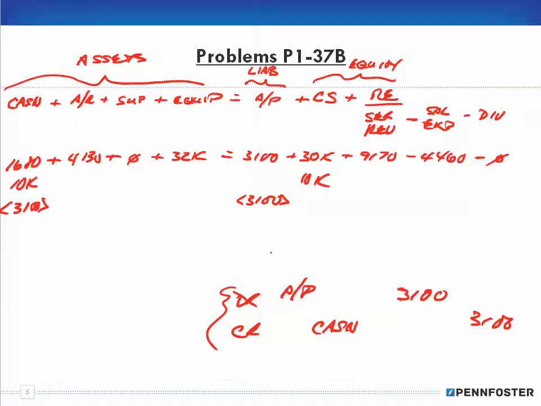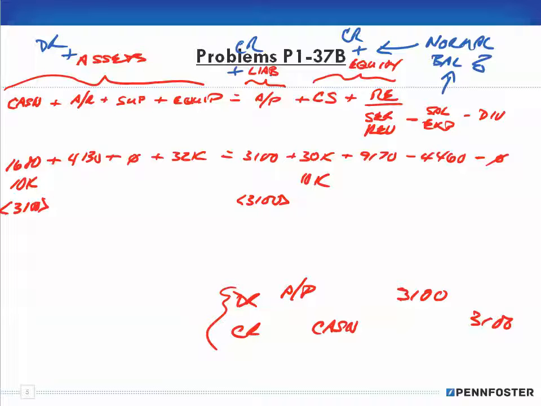Notice that I wrote a negative 3,100 here. Remember, the normal balance of an asset is a debit, and the normal balance of a liability is a credit, and your equity is a credit. What is the normal balance? The normal balance is what increases that category of account. Okay?